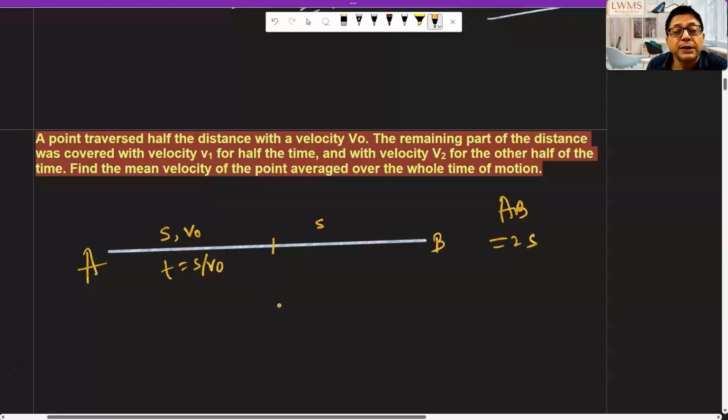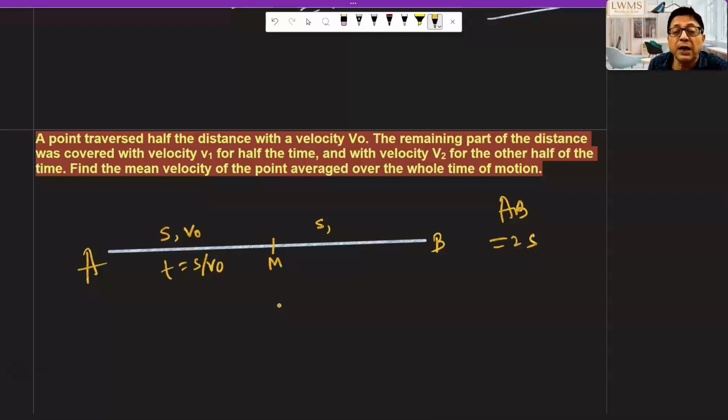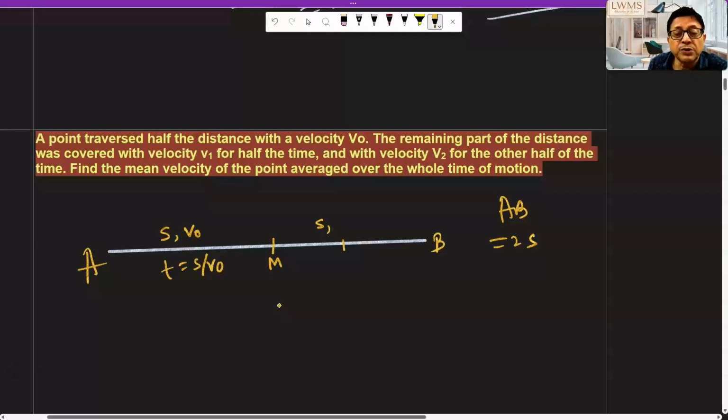Here, for this part till the midpoint is done, for this distance, v1 velocity for half the time. So suppose m to n it goes with velocity v1, and n to the end with velocity v2. v1 for half the time.